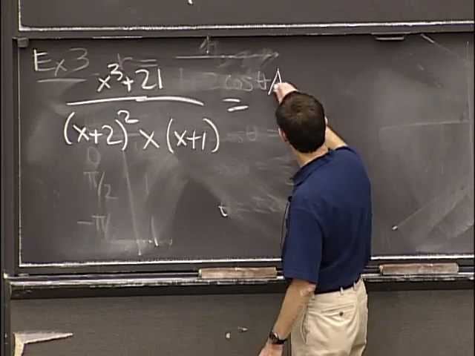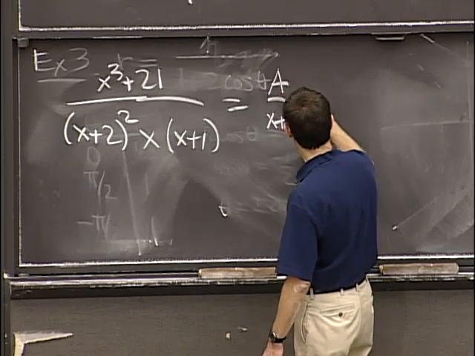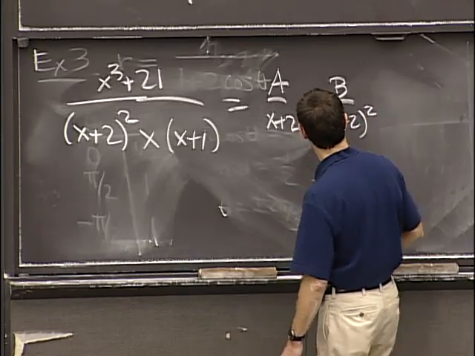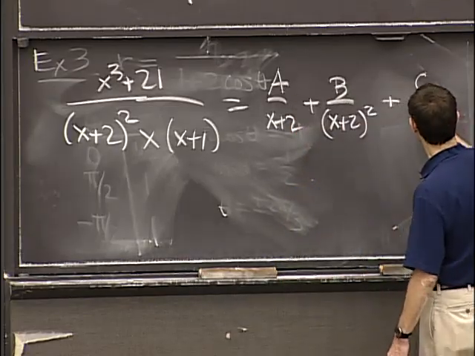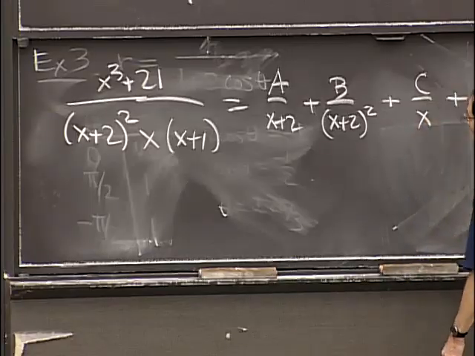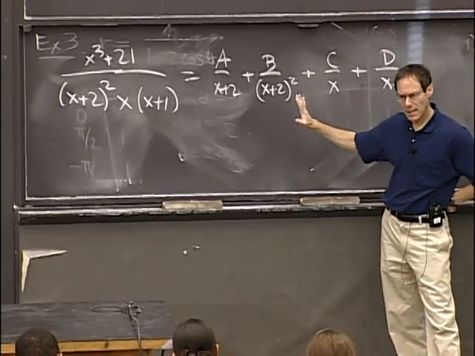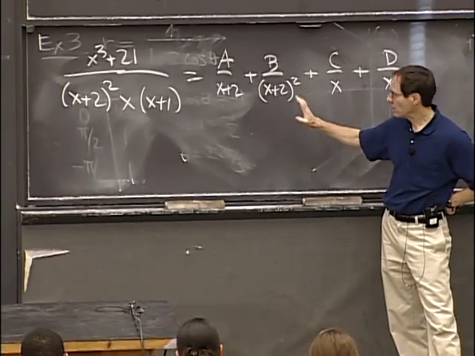So altogether, the setup is going to be this, plus 1 for x and 1 for x plus 1. This is the setup.